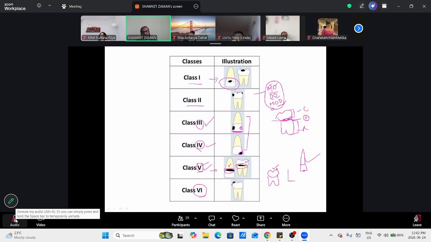And in the case of the class 6 cavity, it is only the tip of the cusp or the tip of the incisal edge. When you look at the posterior teeth anatomy, which we learned in chapter 12, we talk about the cusp. The occlusal surface is not smooth; it has the highest points, and these are called the cusps. So if we see any caries on the cusp tip of a posterior tooth, that will be class 6.